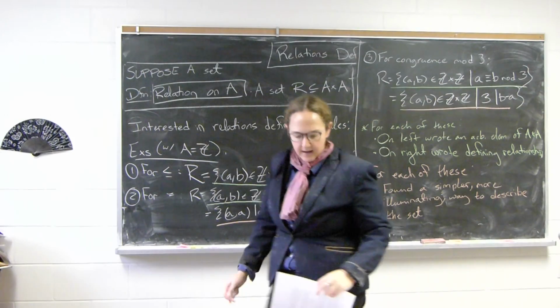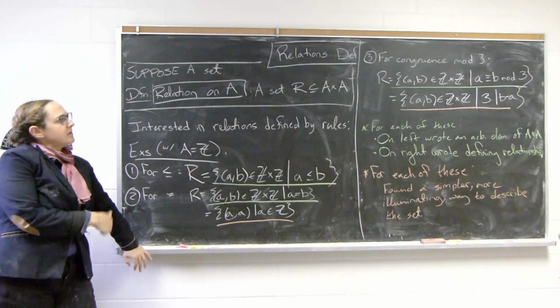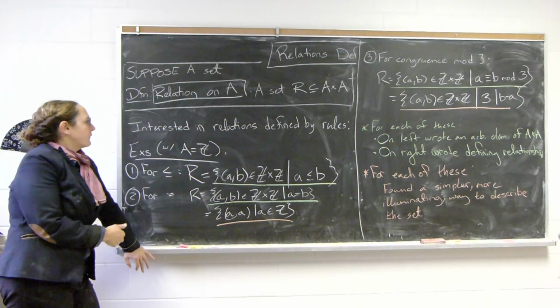Sometimes that's how we're going to want to see relations, where there are too many elements, and I want to be able to describe them in some kind of formal manner like that.